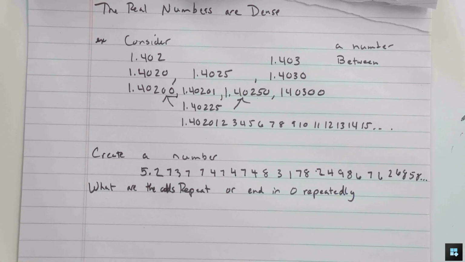So if we keep doing that forever, what are the odds that that would repeat in the end, so that it was a rational number because it had a repeating end, or that it ended in 0, 0, 0, 0 because everybody picked 0, or my random number generator kept picking 0? What are the odds of that? 0. There is no chance of that happening.